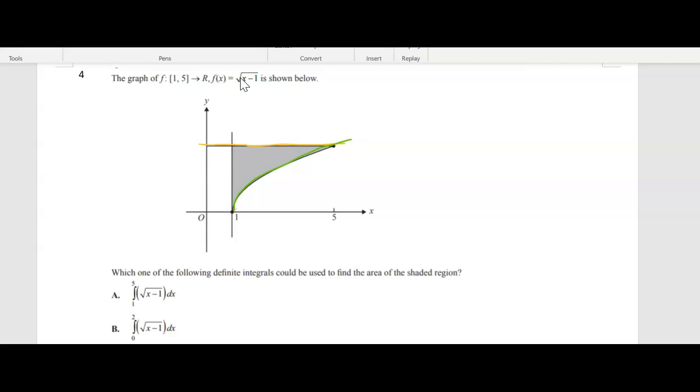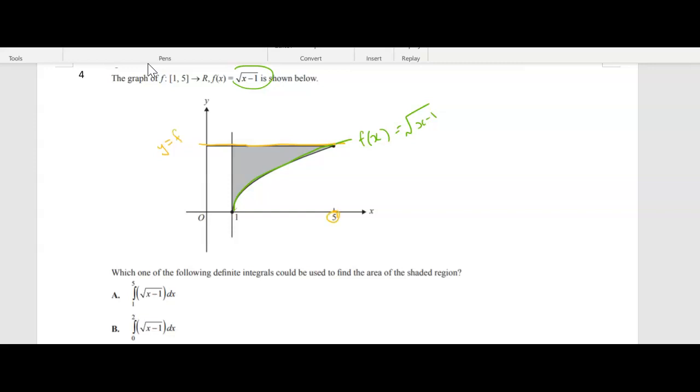Okay, so the equation of my green is given here. All right, so that's f of x equals the square root of x minus 1. You probably wouldn't put all this working out on here. But your yellow line is just a horizontal line, so it's going to be y equals some constant. Now they both meet at x equals 5, so I can just substitute that in.